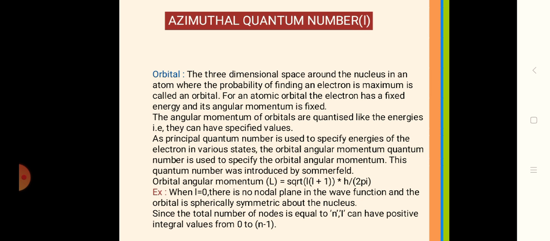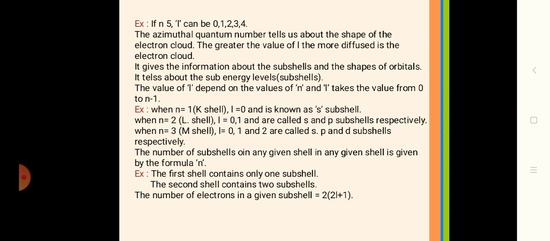Since the total number of nodes is equal to n, l can have positive integral values from 0 to n minus 1. Let's take one more example. If n equals 5, l can be 0, 1, 2, 3, 4.